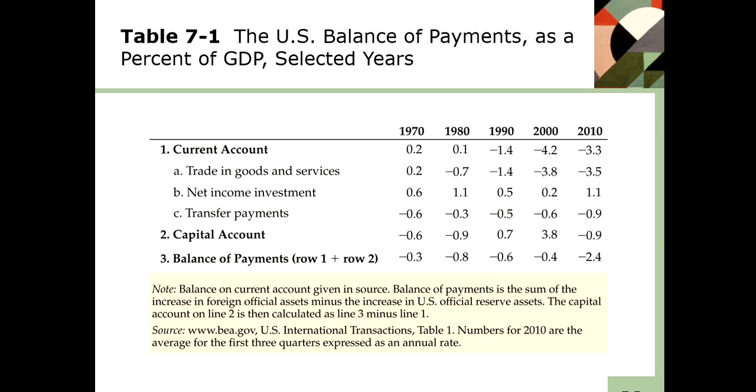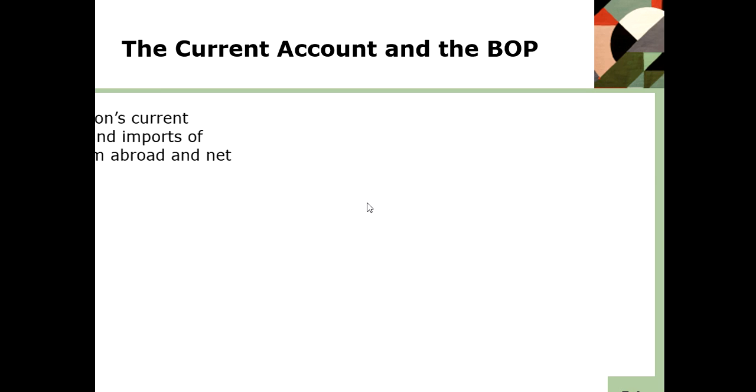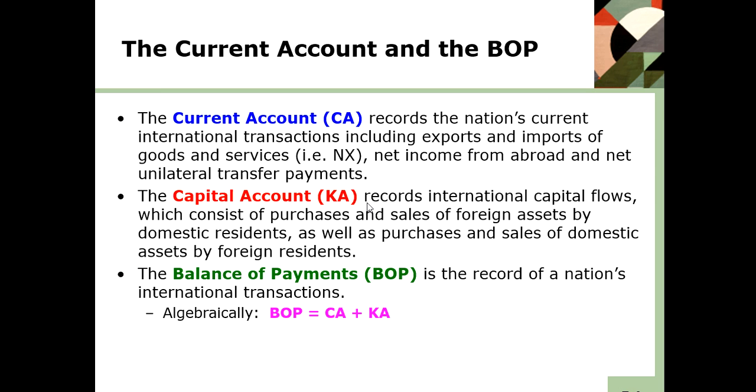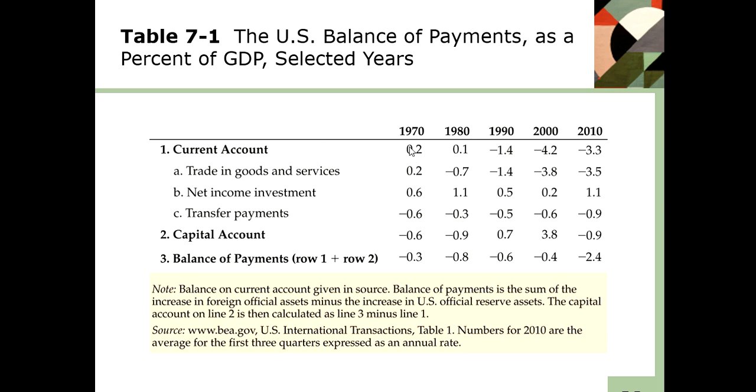Alright, I think we skipped this slide. Here is how the current account looks. This is the sum of current account and capital account, but the numbers over here are a little bit different, as noted here.